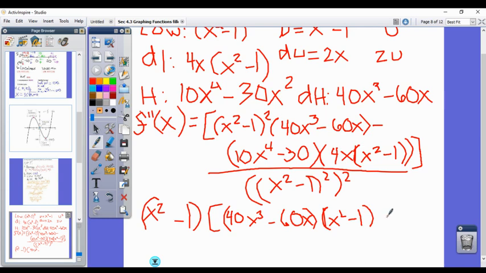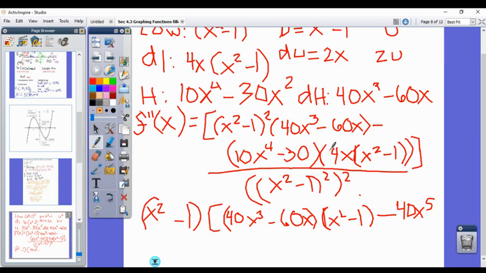Minus, and I'm going to go ahead and distribute the 4x to the 10x and the negative 30. So 4x times the positive 10 is going to give me, because I'm minusing, negative 40x to the fifth. All right, now you got to be careful with the 30 because it's a negative 30, but you're subtracting it.